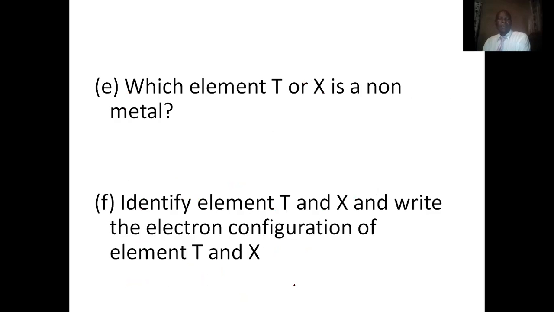So which element, T or X, is a non-metal? Number E. You remember we said that T has 12 electrons, which gives the electronic configuration 2, 8, 2. So non-metals, for them to be stable, gain electrons.